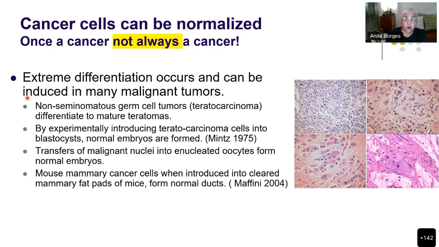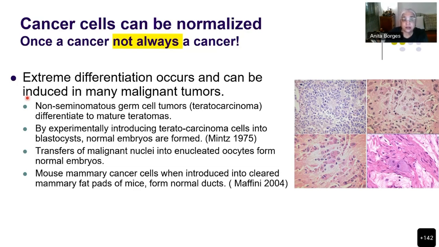But we know that you treat a neuroblastoma and what do you get? You start to get differentiation in the neuroblastoma, yeah? So why does that neuroblastoma differentiate, either spontaneously or by treatment?